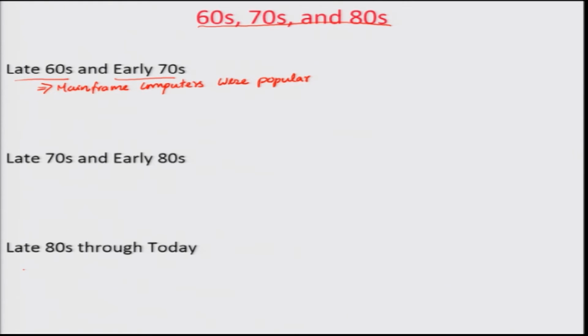Which means, but they also seriously limited the accessibility and interaction.